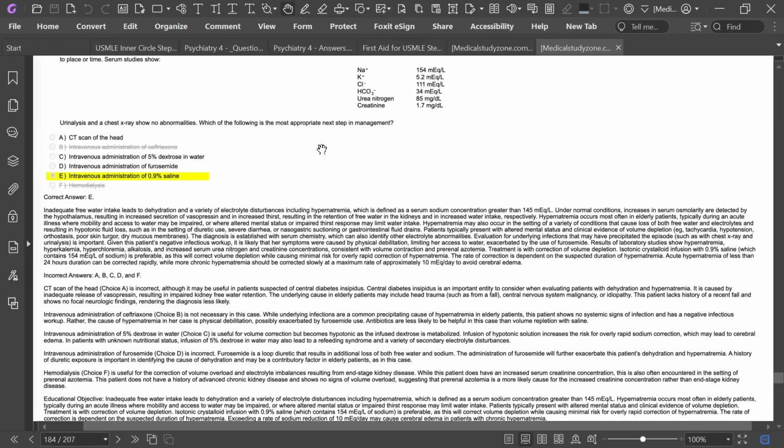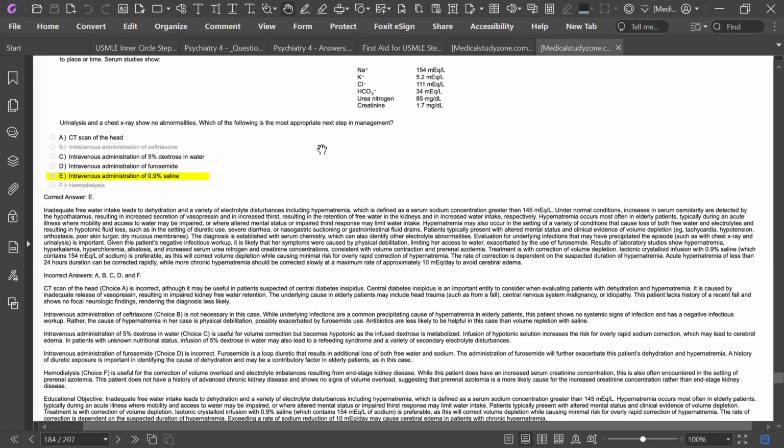Hypernatremia occurs most often in elderly patients, typically during an acute illness where mobility and access to water may be impaired, or where altered mental status or impaired thirst response may limit water intake.